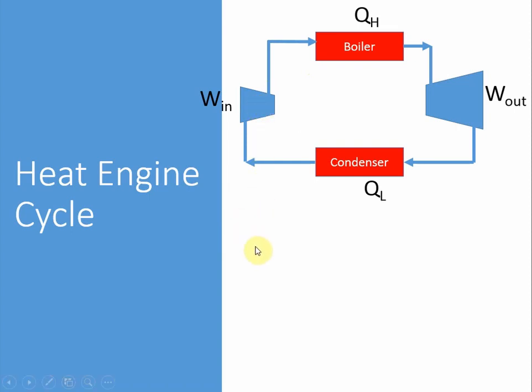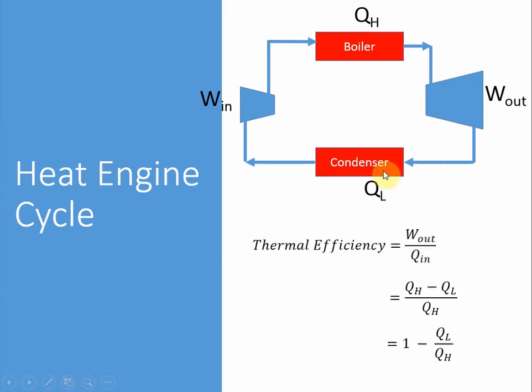We can derive an equation for the thermal efficiency of a heat engine cycle. The generic efficiency equation is the desired output divided by the input you are providing in order to get that output.